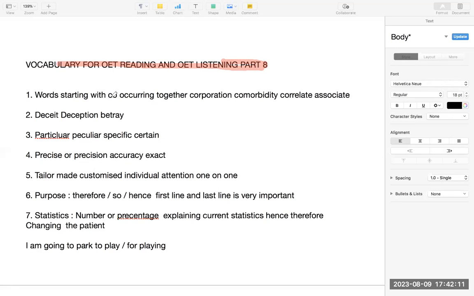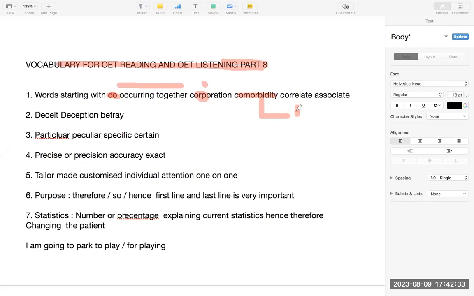Words starting with co are very important. Co means two things coming together. When two things are occurring at the same time, that means cooperation, when two people are required to cooperate with each other. Comorbidity is when two diseases are happening at the same time.